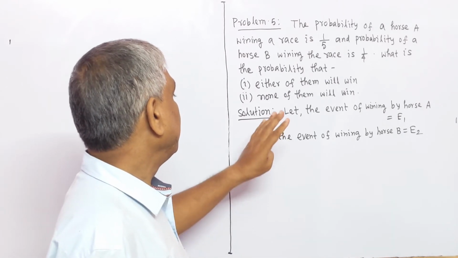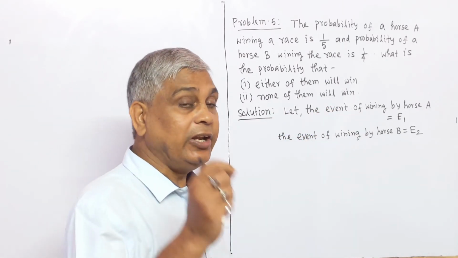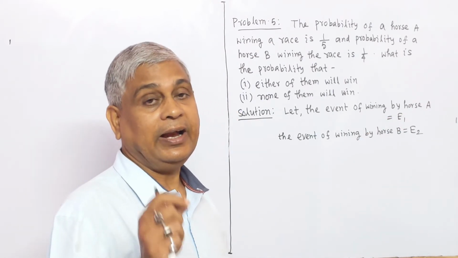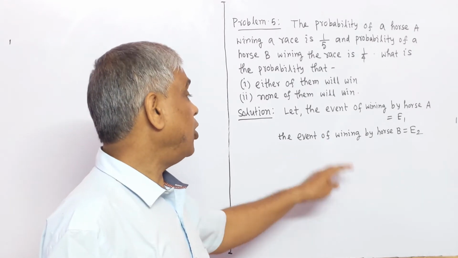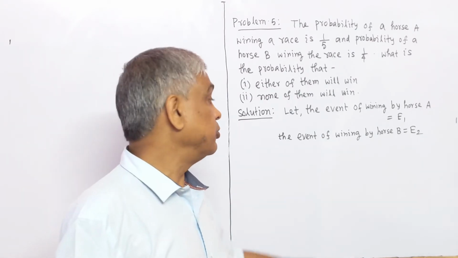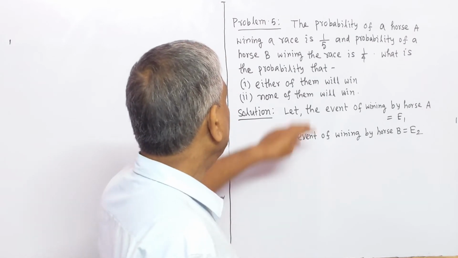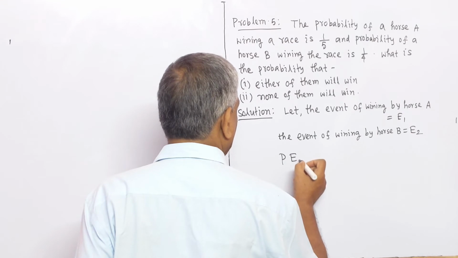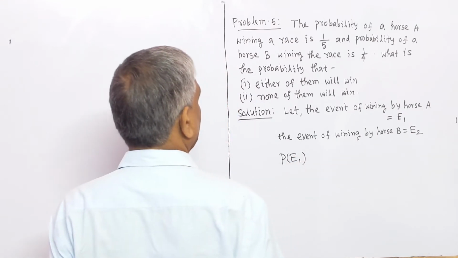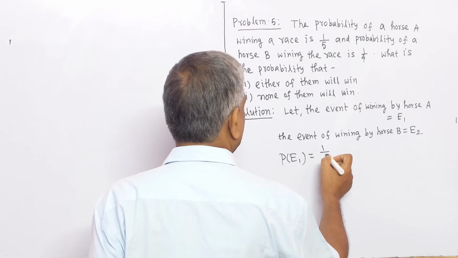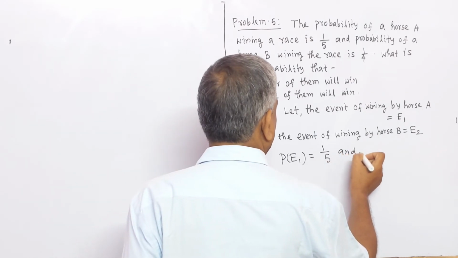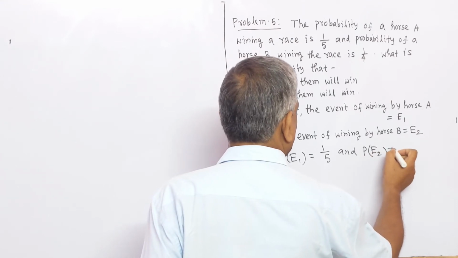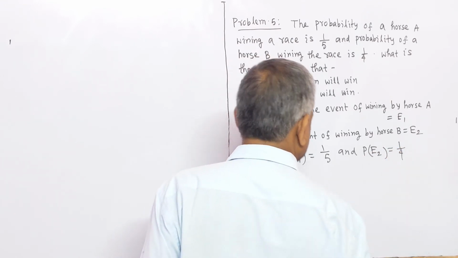Here let the event of winning by horse A be denoted by E1 and the event of winning by horse B be denoted by E2. Therefore, P(E1), the probability of horse A winning, is 1 by 5 and the probability of horse B winning is 1 by 4.